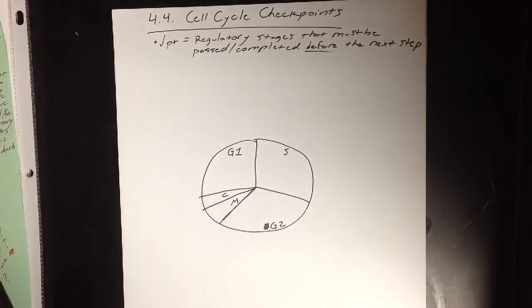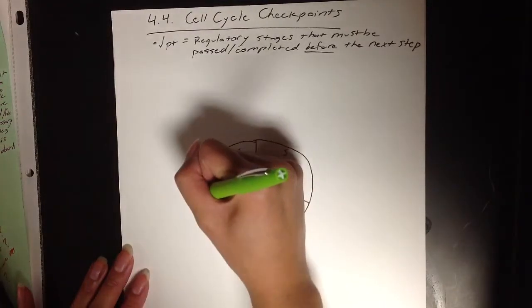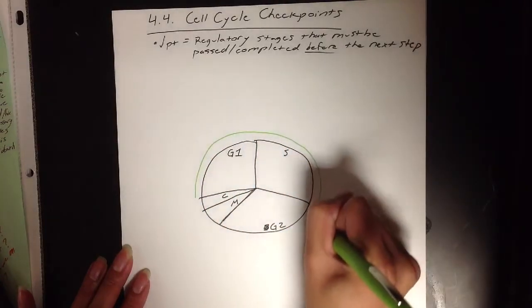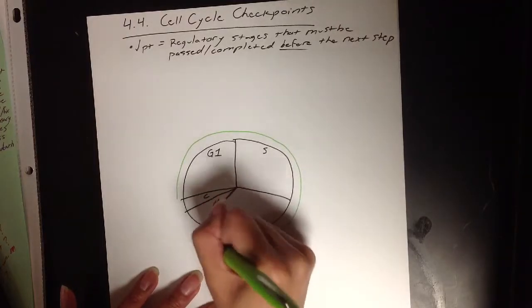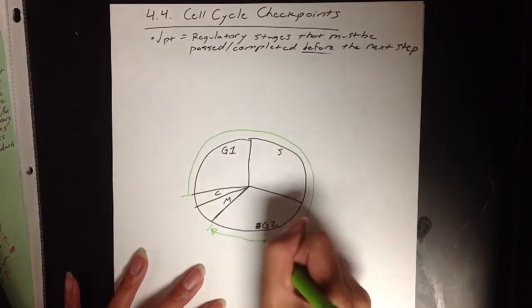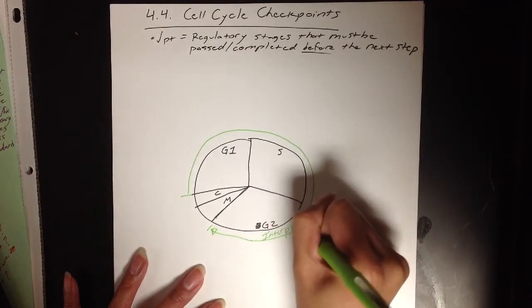I'm going to use another color because I do want to indicate which part of this is going to be a part of interphase. And interphase, as you should remember, consists of 3 parts, which is G1, S, and G2. And so all of this green right here represents interphase.